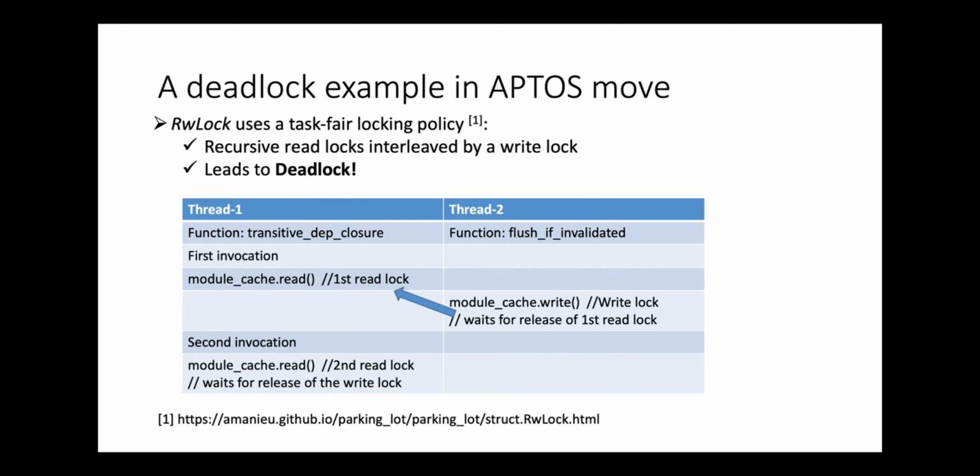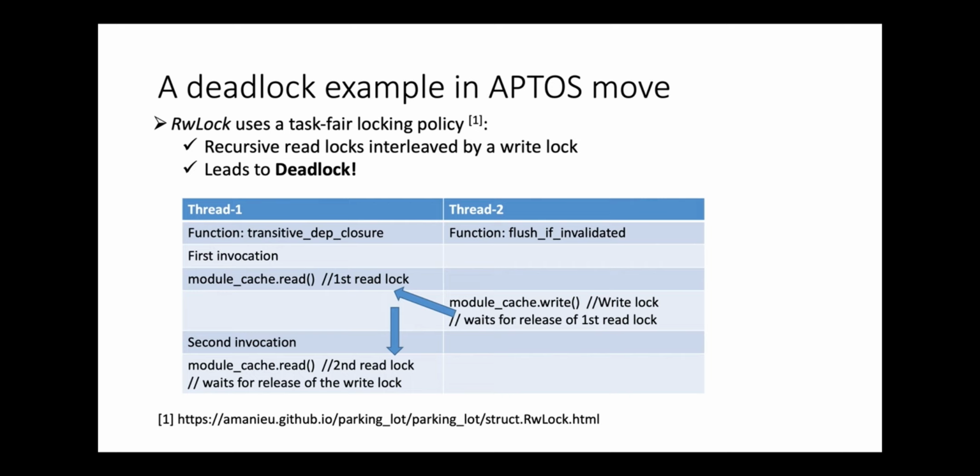Then, given there's another thread in the function flush_invalidated, it calls a write lock on top of the same resource, and it's waiting for the release of the first read lock.